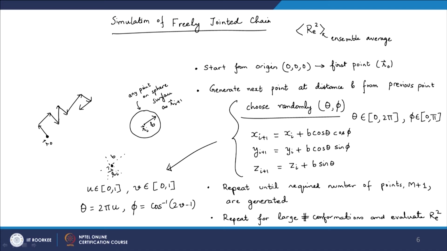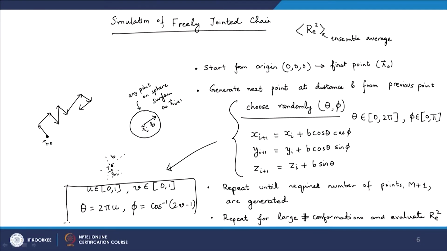As an assignment, you can try doing both these methods and see why I am saying that you will not get a uniform distribution in this case, and why this will ensure uniform distribution.